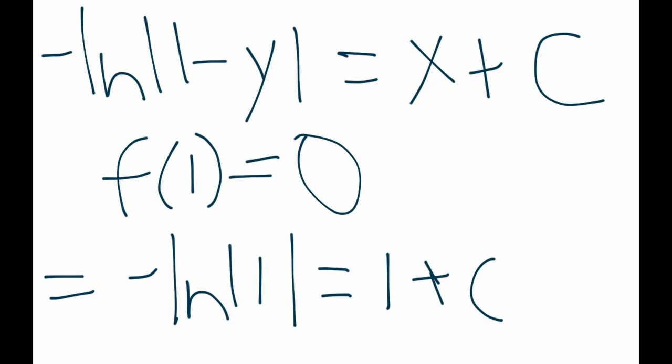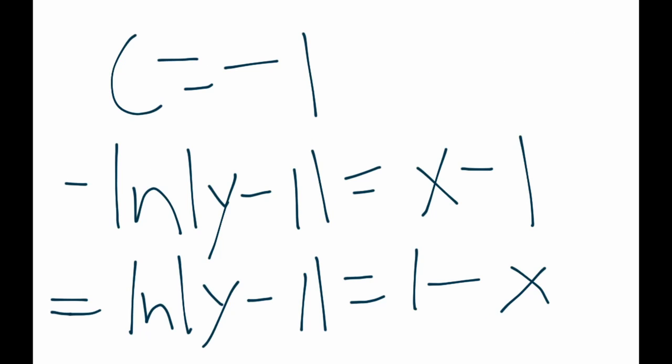Solving for c, we get that c equals negative 1. Therefore, negative ln of the absolute value of y minus 1 equals x minus 1. Multiplying both sides by negative 1, we get ln of the absolute value of y minus 1 equals 1 minus x.